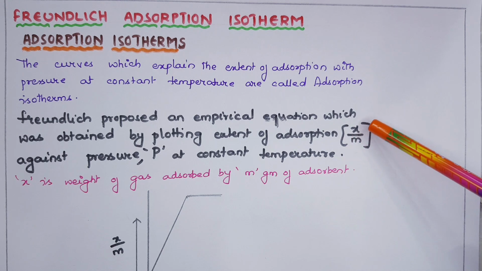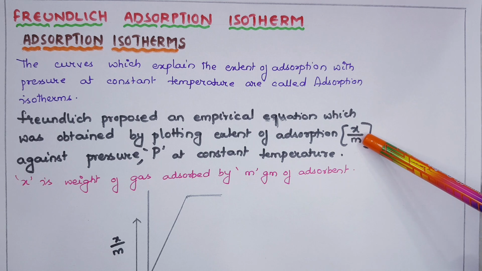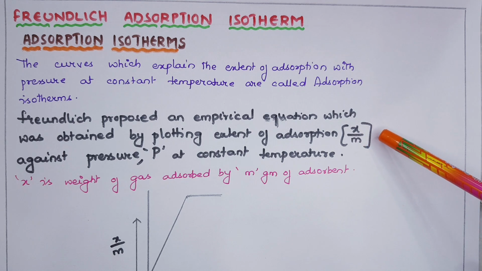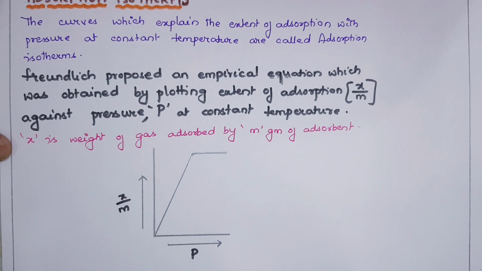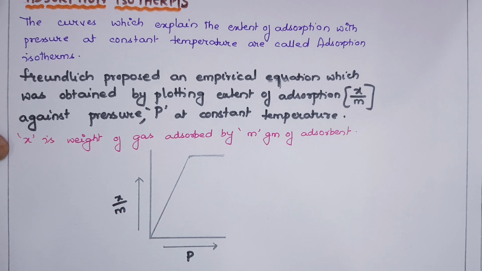So this extent of adsorption, x by m, is plotted against pressure keeping the temperature constant. By doing so, he could propose an empirical equation. Below is the graph between x by m and P, students. You have to show the graphical representation.